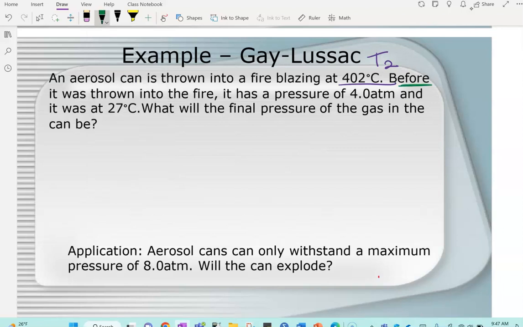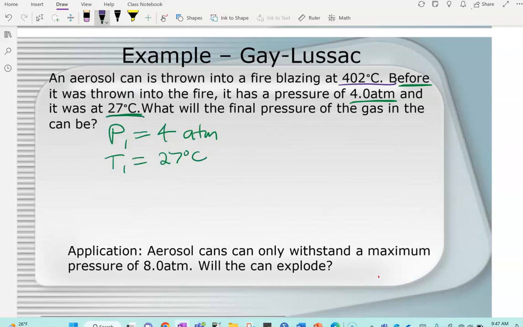Before it was thrown into the fire, it had a pressure of 4 atm and 27 degrees Celsius. So our initial pressure was 4 atm and our initial temperature was 27 degrees Celsius, because that was before, so that's the initial. So we're trying to find out the pressure, in atm.